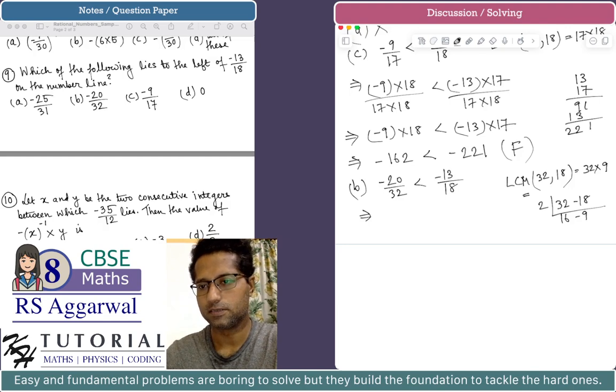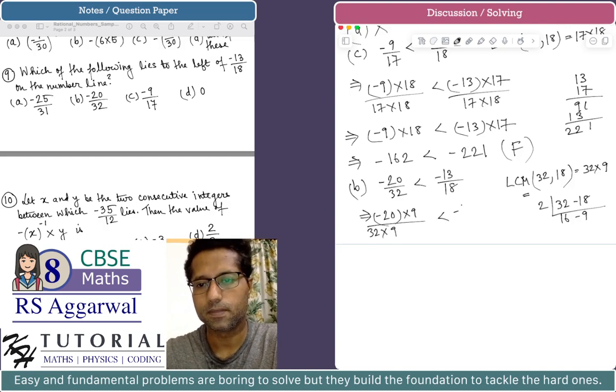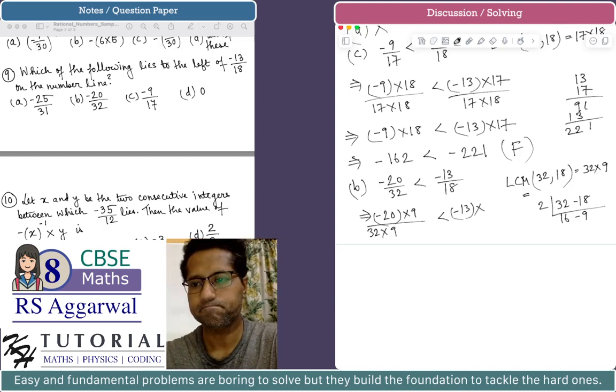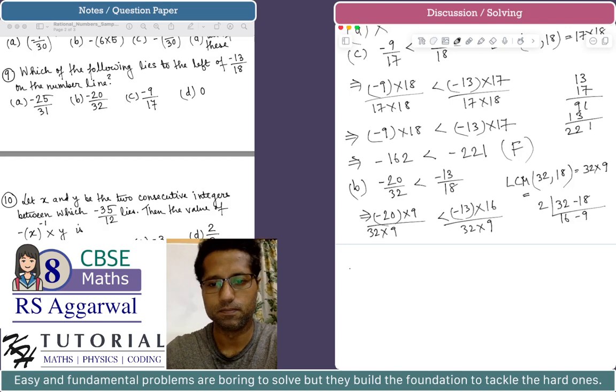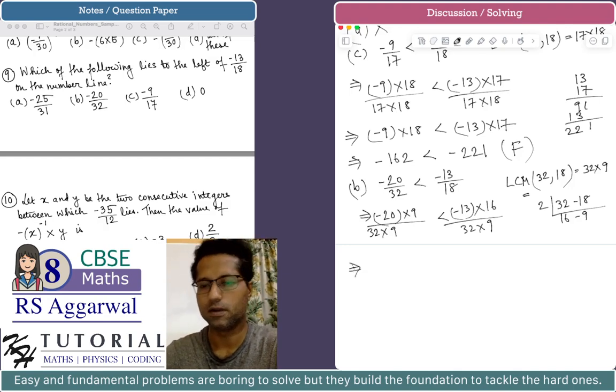When we convert these two rational numbers to their equivalent form, so that they have the common denominator as the LCM of 32 and 18, which is 32 into 9, we get minus 20 multiplied by 9 over 32 into 9, less than minus 13 multiplied by 16 over 32 multiplied by 9. Now we can do the comparison based on the numerator, since the denominators are same.